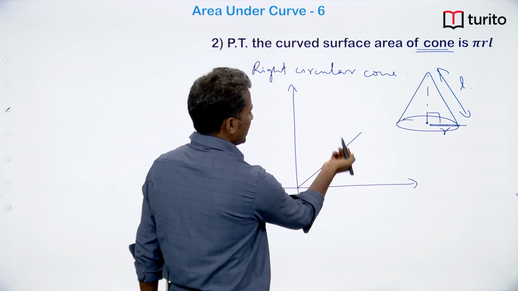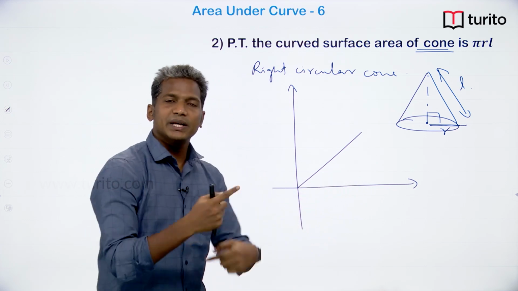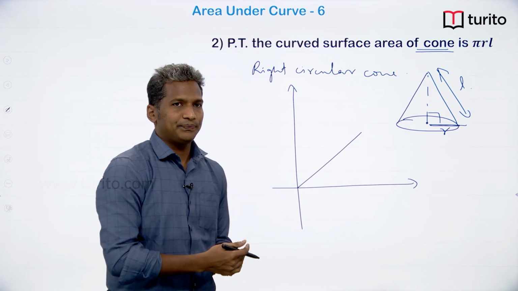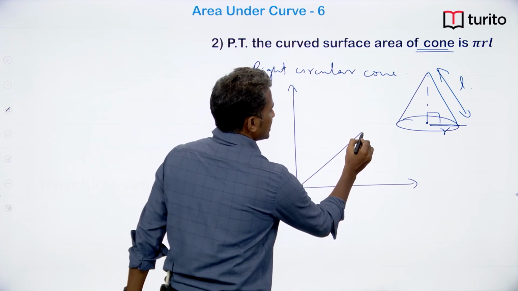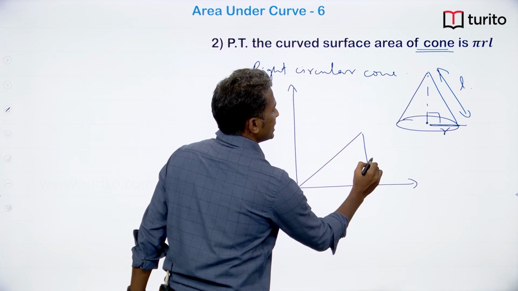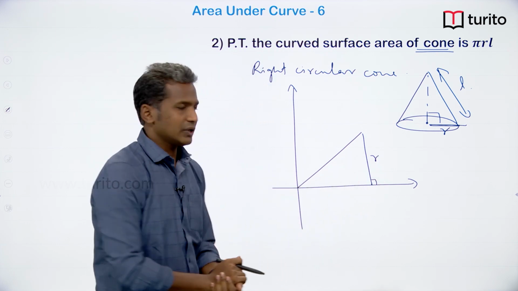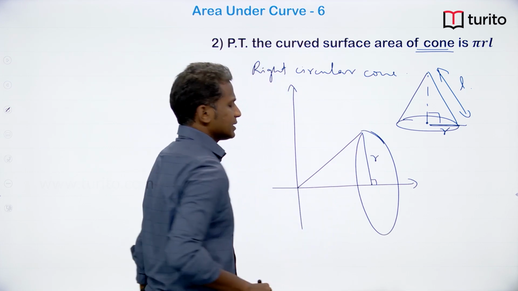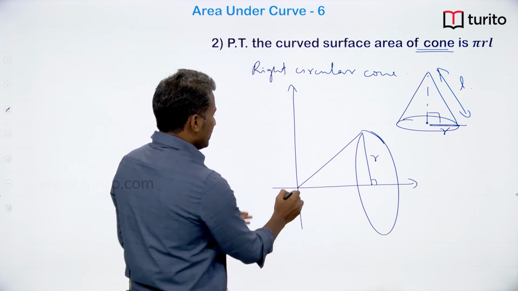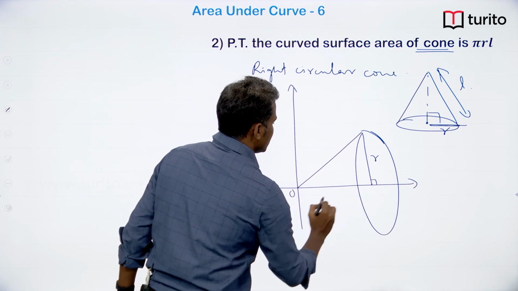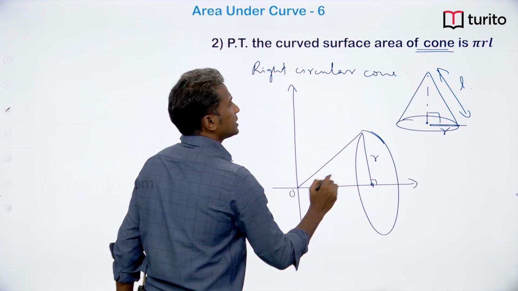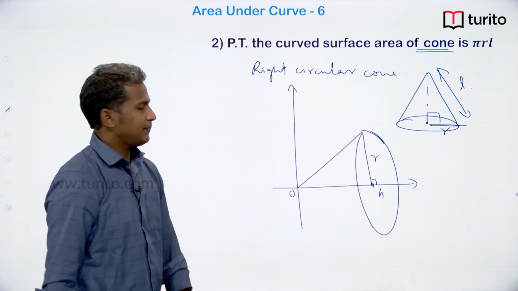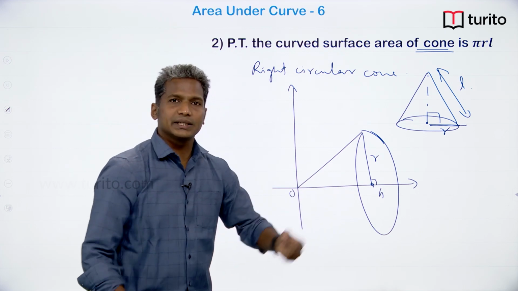Okay. So if I rotate this about x axis by 360 degrees, that is complete rotation, it will give us a cone here. Now the radius of that cone will be basically this height, which is r. So this radius is going to be r, and from this origin to here, this length is going to be h units, so that means this entire length is h.